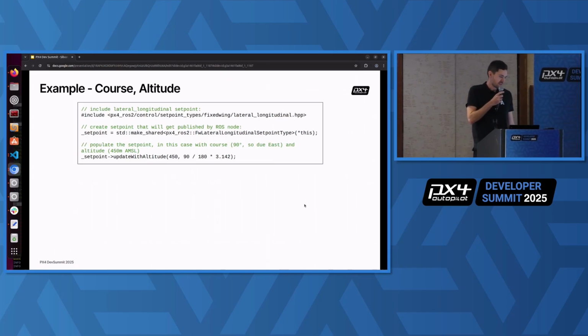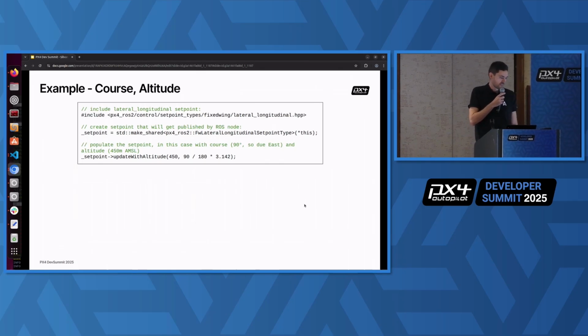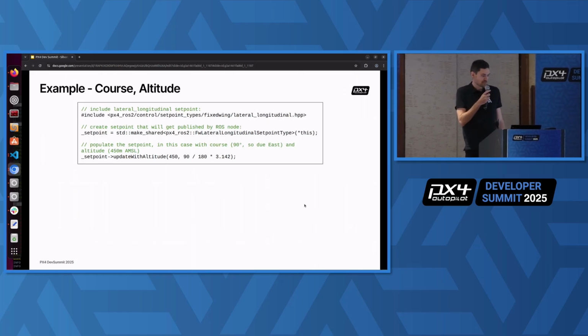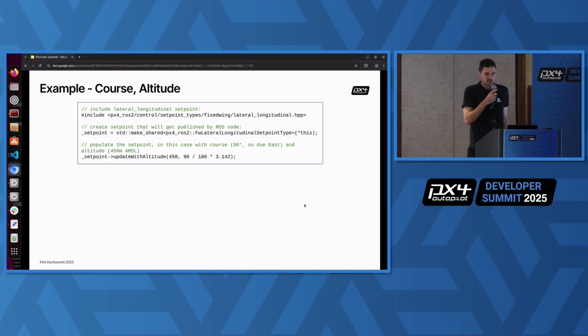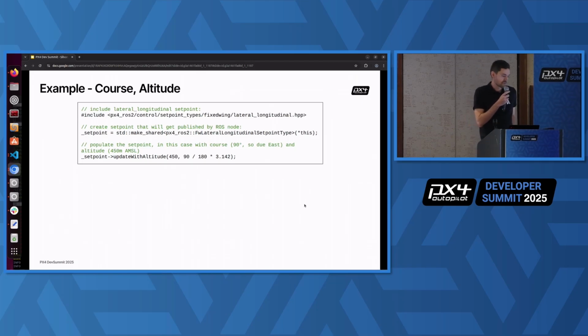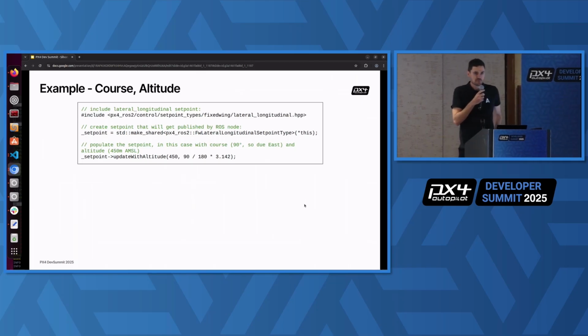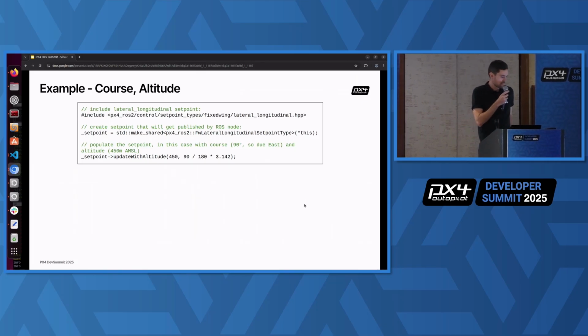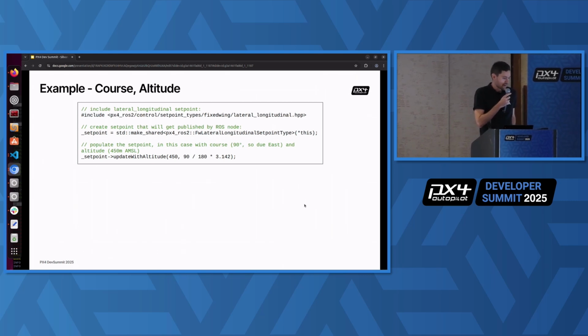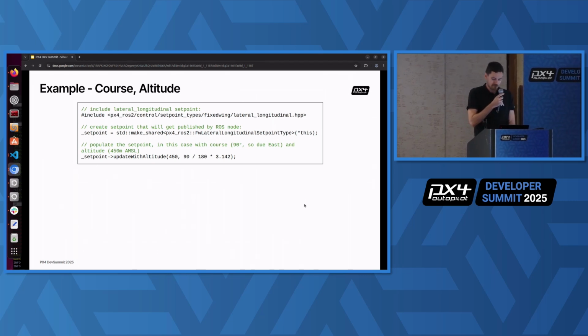So I had to include the new message type that I'm using, so the fixed-wing lateral longitudinal message. Then I had to create a set point that's then being published by ROS, and I had to populate this set point. In that case, it was with an altitude 450 meters above sea level, and the course 90 degrees.